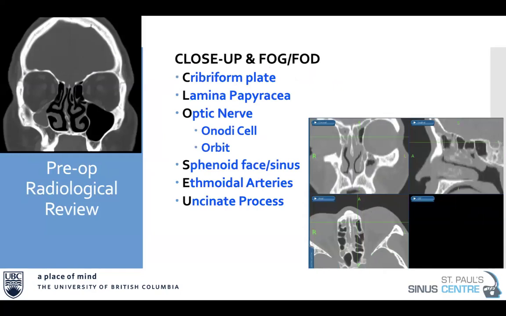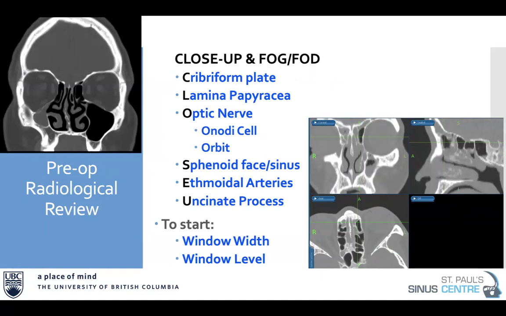The ones that I really like to teach with are ones where the mnemonic is CLOSE UP, FOG, and FOD. So CLOSE UP is one that's very popular that most people use. Every one of those letters stands for a region that you should pay attention to, and all of those are listed on the slide.